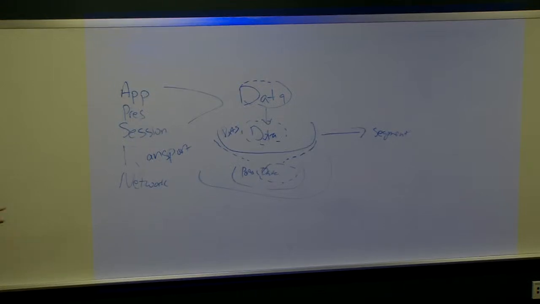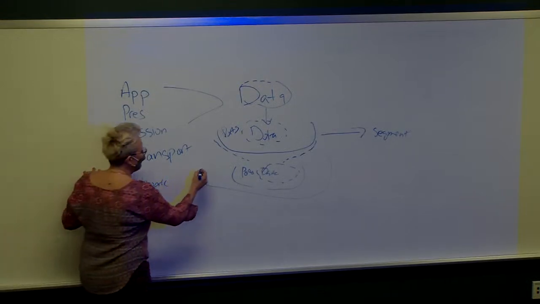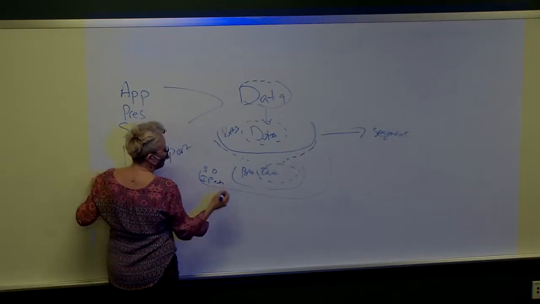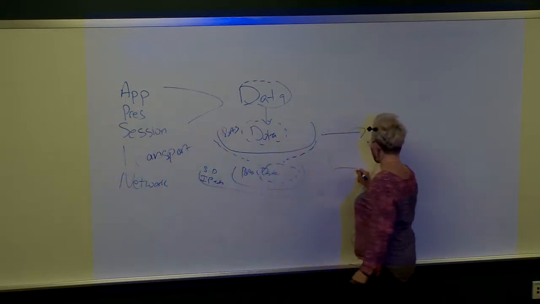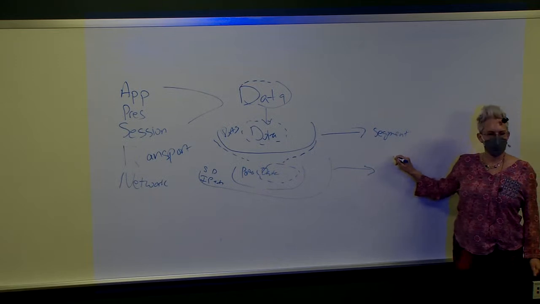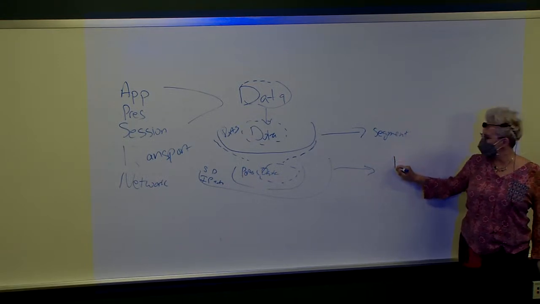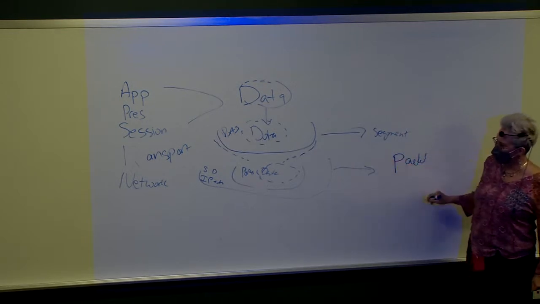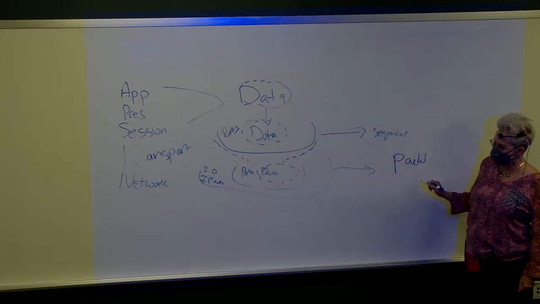It picks up a source and destination what? IP. It picks up a source and destination IP address. And what is it called when it's at the network layer? What's the PDU? Packet. So now it's a packet, right? Once it's picked up all this extra stuff, now we call it a packet.